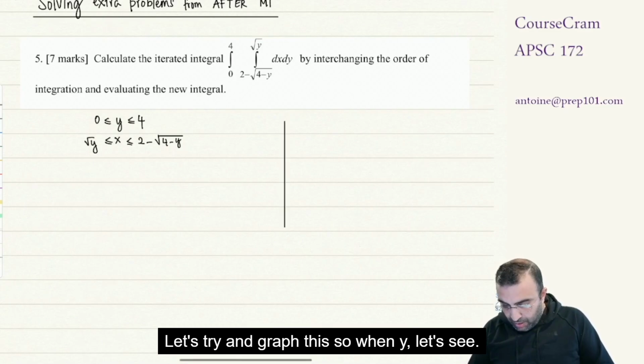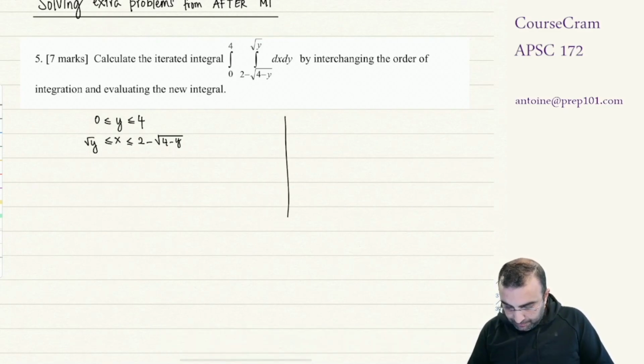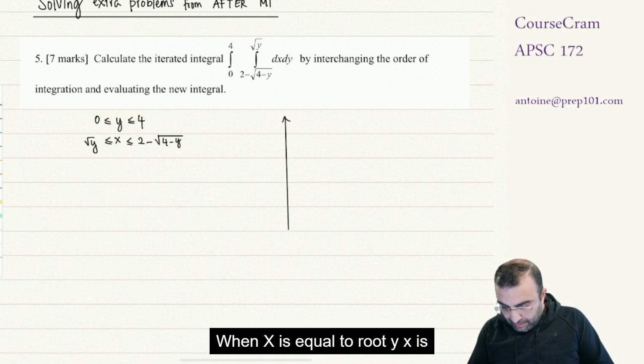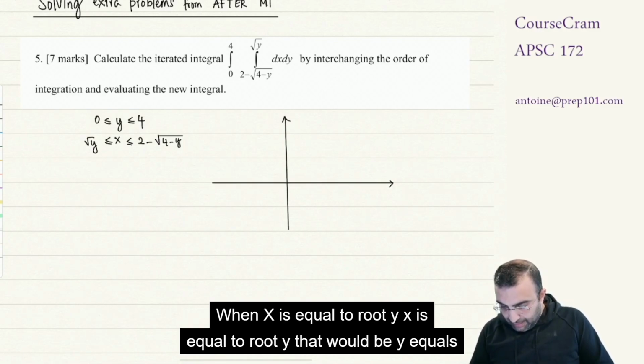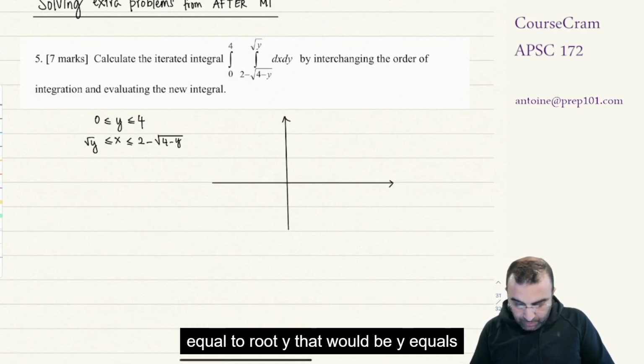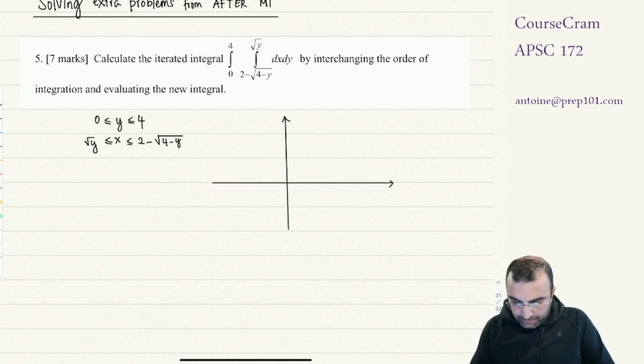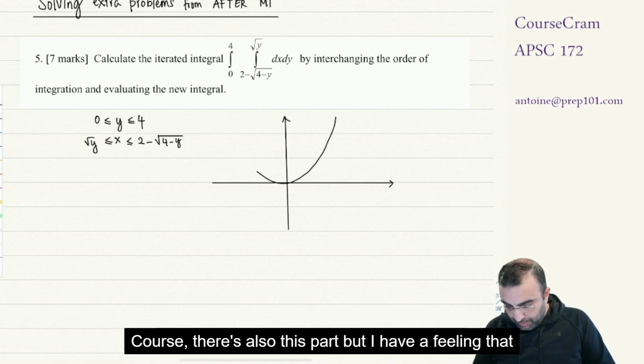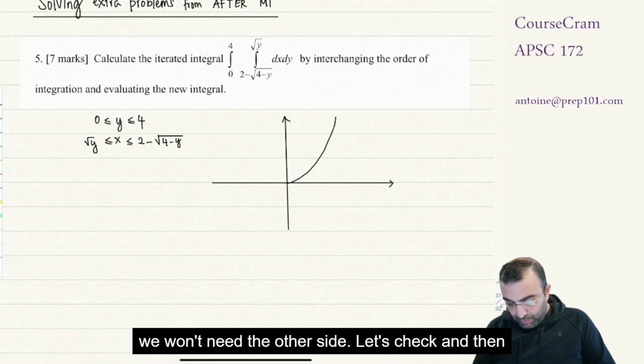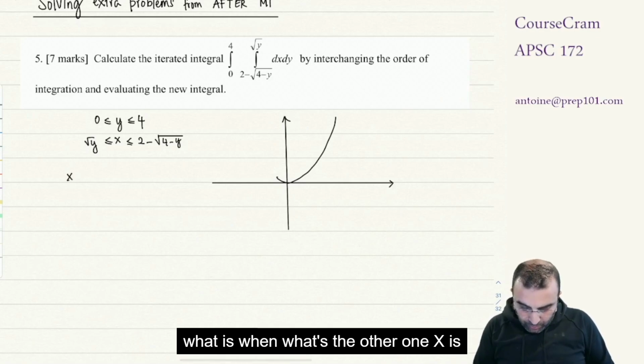When x is equal to root y, that would mean y equals x squared, so it's this. Of course there's also this part, but I have a feeling that we won't need the other side. Let's check.